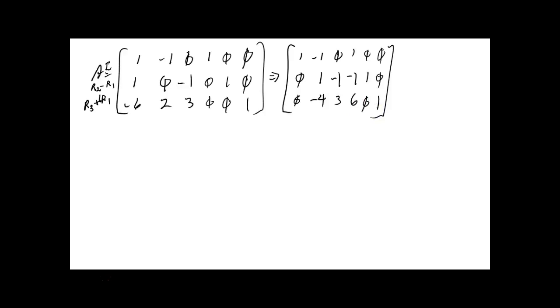What's the next thing we want to happen? We got a 1 in the upper left, 0 below it. Next one we want, the first non-zero entry in row 2, we want to be a 1. Yes, it is already. So what do we want to happen after that? Zeros on the top and bottom of it. Exactly. Okay, so let's start with the top.